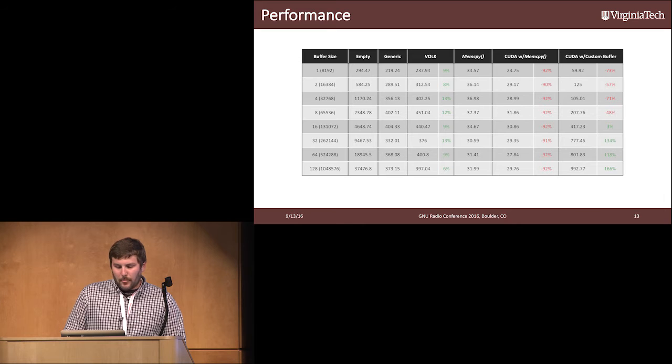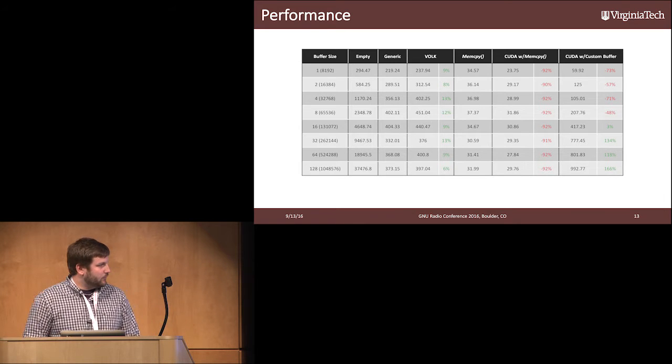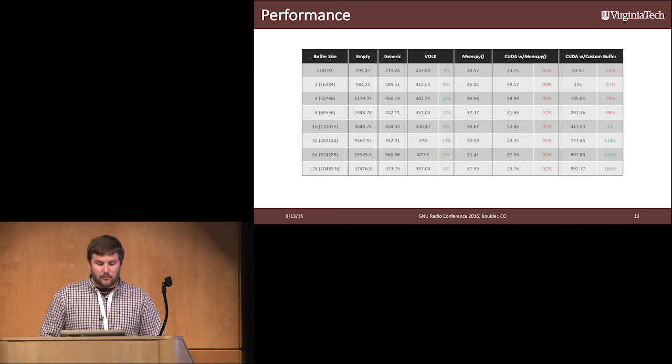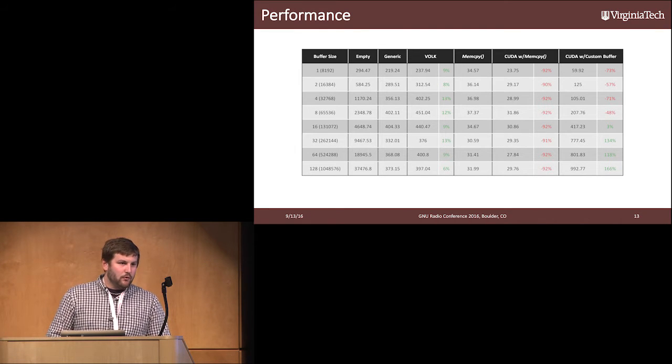So we're able to see that with the CUDA block with the custom buffers. We're able to get, like I said, about a 166% increase. And the throughput that we were getting was about a gigasample per second versus about 450 megasamples per second for the CUDA, or excuse me, the Volk block.